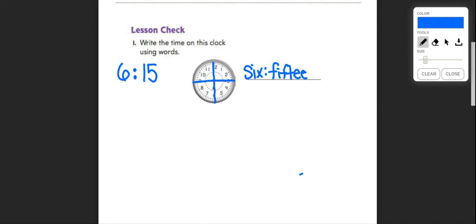Or we could say quarter past 6. All right, so those are just two different ways that we can write the time of this clock in words.